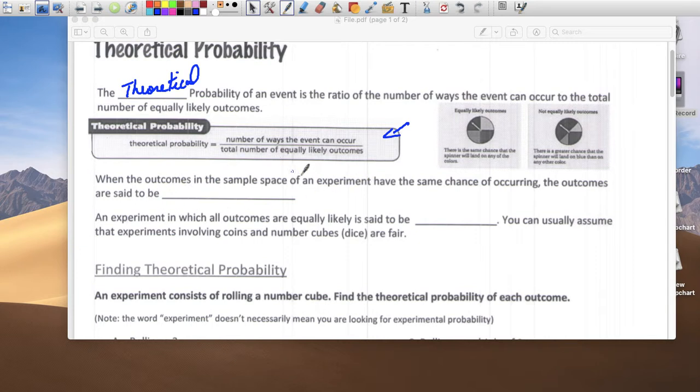When the outcomes in a sample space of an experiment have the same chance of occurring, the outcomes are said to be fair. You can usually assume that experiments involving coins and number cubes are fair. Let's skip that part.